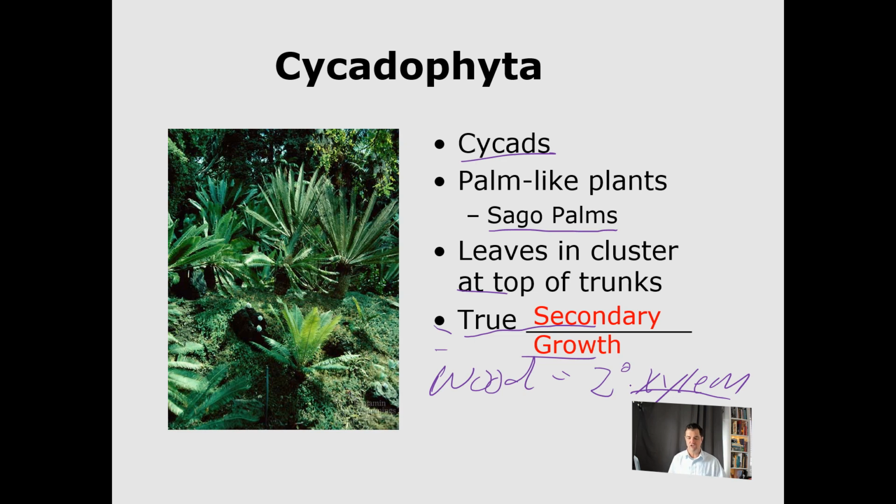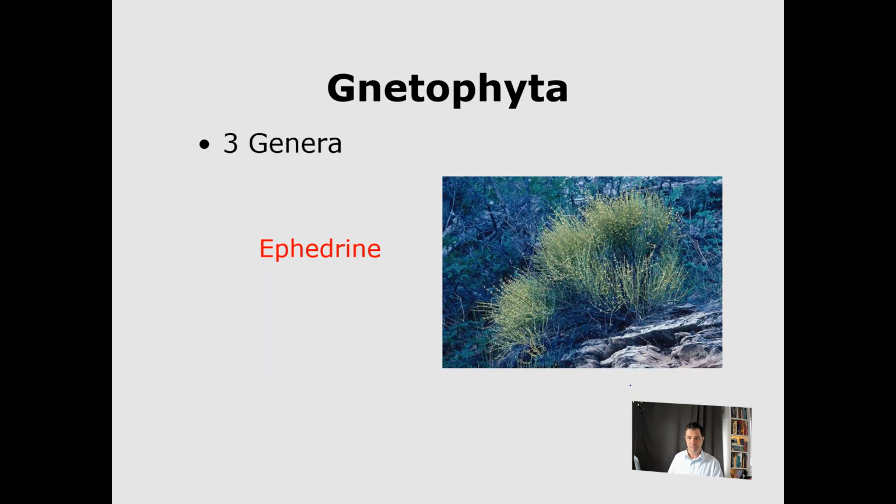If you cut a tree and count the tree rings, as you've probably seen before, those rings represent secondary growth. Botanists call that secondary xylem, the wood of the plant. Evolutionarily, cycads are one of the first groups to show that.